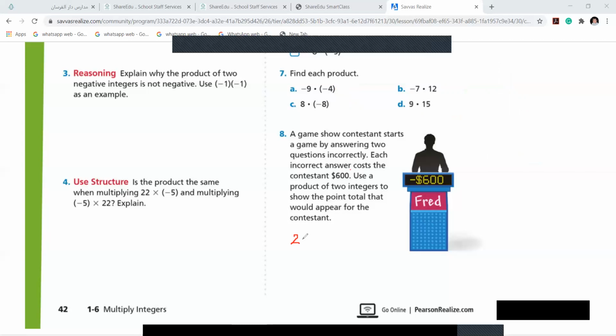So it will be 2 times 600, because one question costs 600. So 2 questions, how many dollars? 2 times 600 is $1,200. There is no negative sign, so the answer is positive.